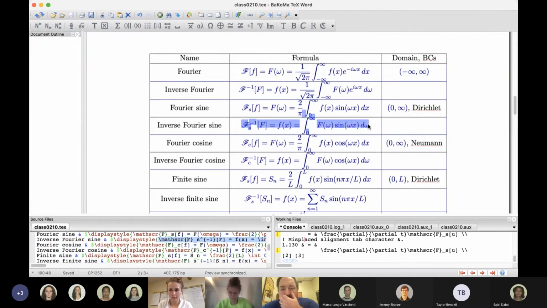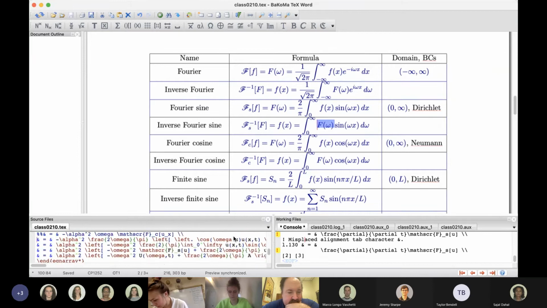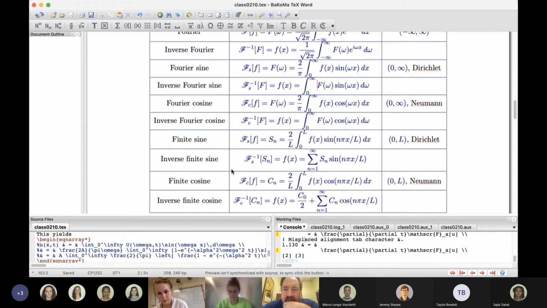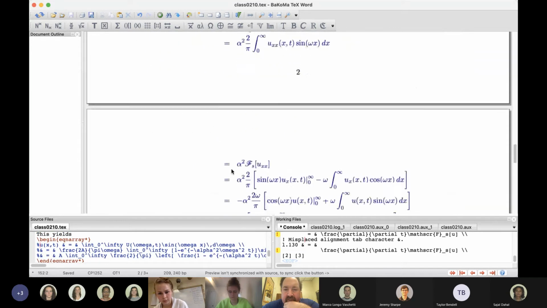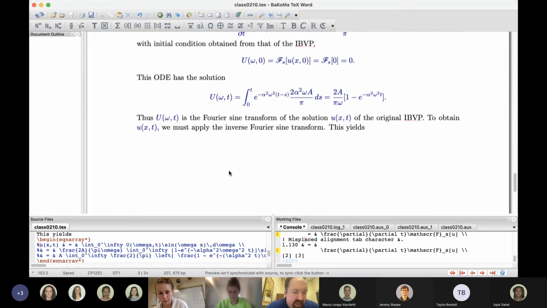We can take our transform of our solution and plug it into this formula in place of capital F of omega, and we have to evaluate this integral, if we can. In some cases, we may not actually be able to evaluate the integral, in which case we may have to write the solution as an integral, which is okay.